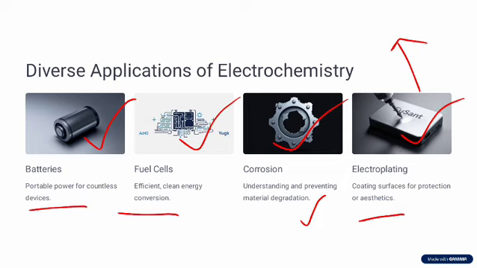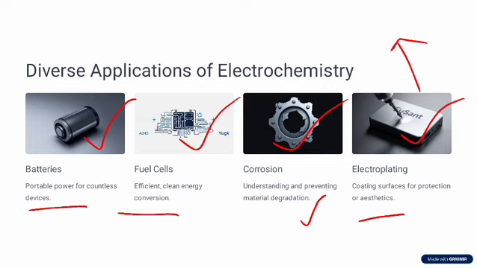And then come batteries. Batteries are a very important need of today's world. More or less every electrical appliance uses a kind of battery. They are very important and work on the principle of electrochemistry.